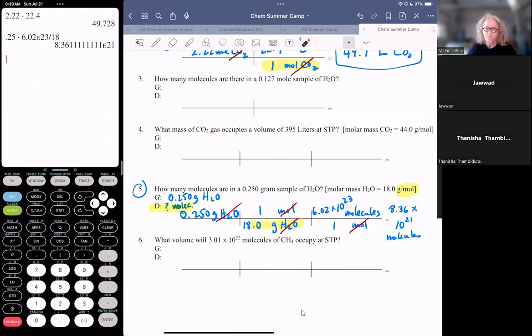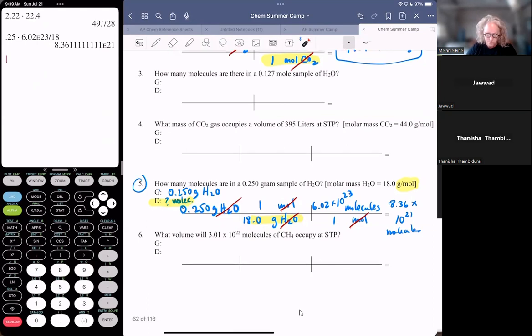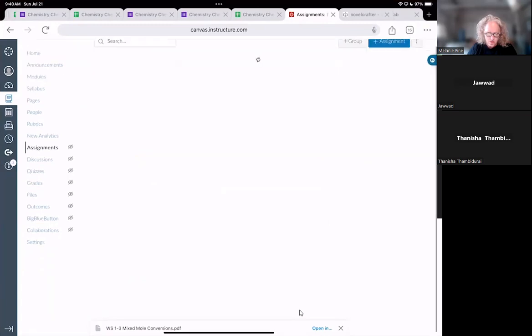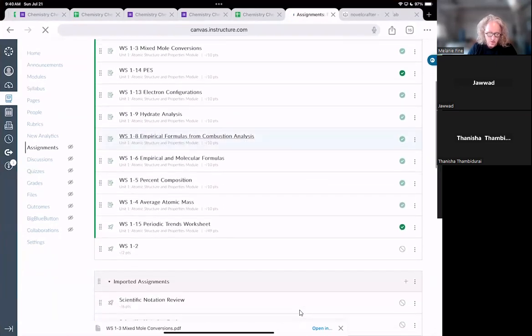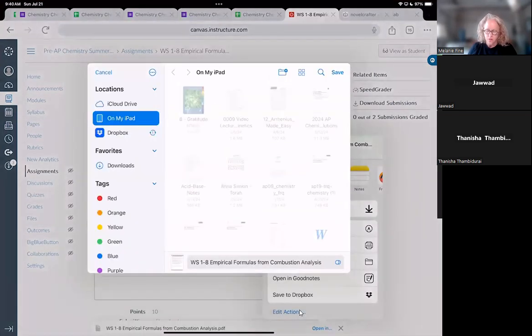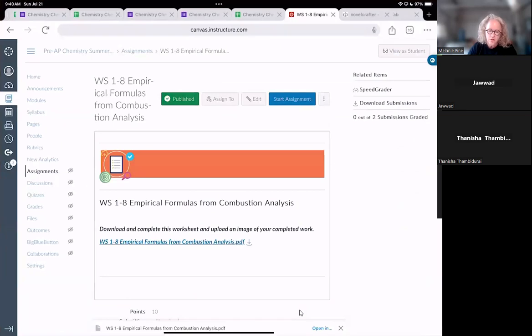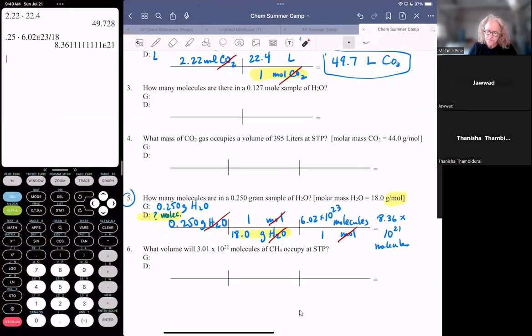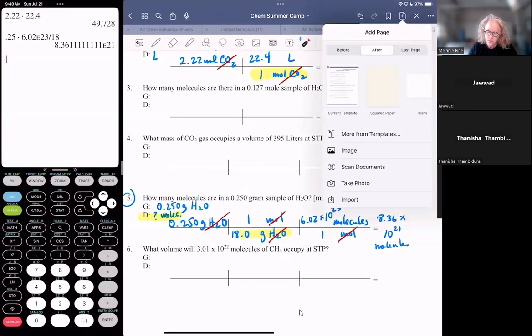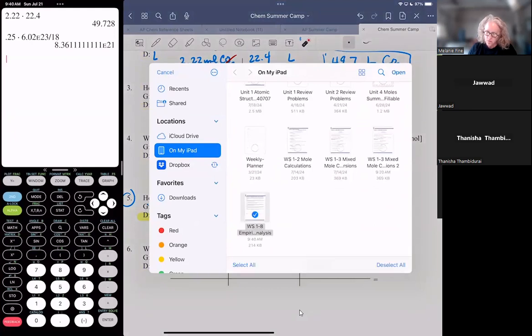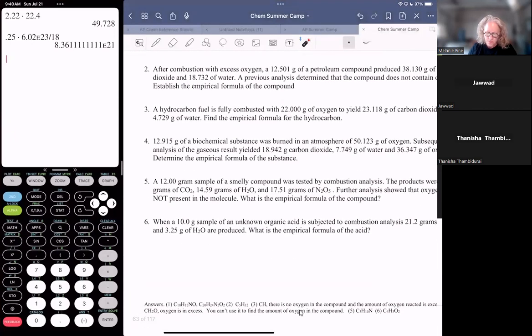On the worksheet for number 4, I'm not sure how to do it. Let's see. Number 4. Yes. Okay.